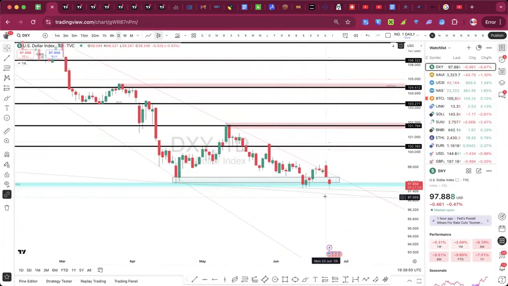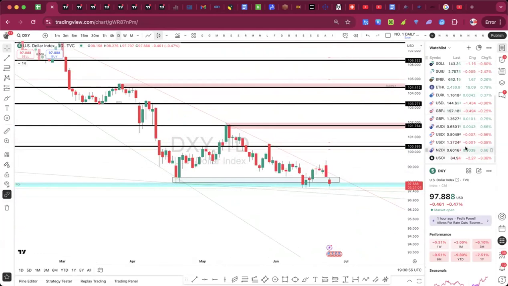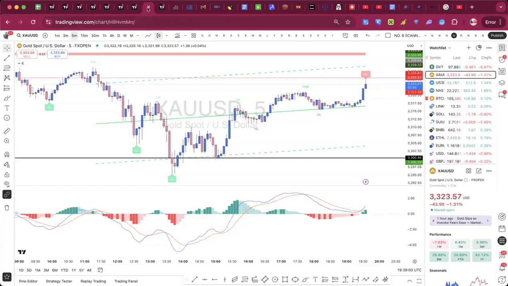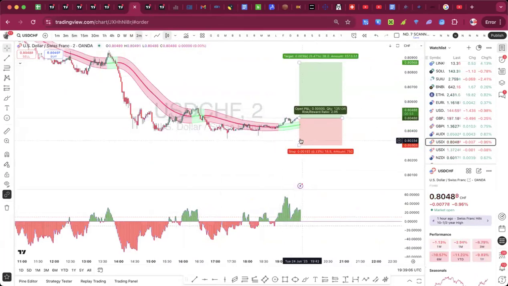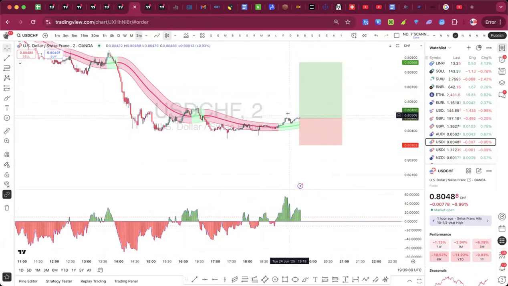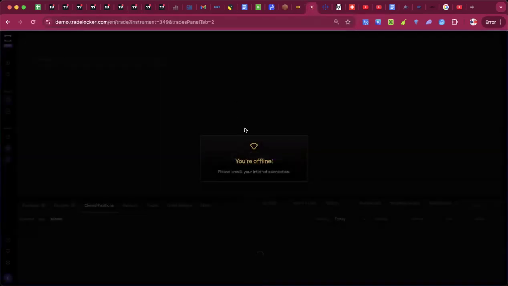So if tomorrow we can have a bounce on DXY turning up here, so that's USD CHF. I've told you, USD CHF, just to play around it.